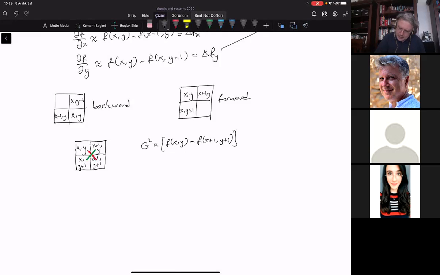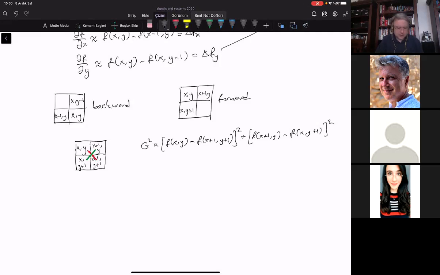And the other 45 degrees difference is the difference between f(x+1,y) minus f(x,y+1). The difference between these. This is also a gradient of some sort.